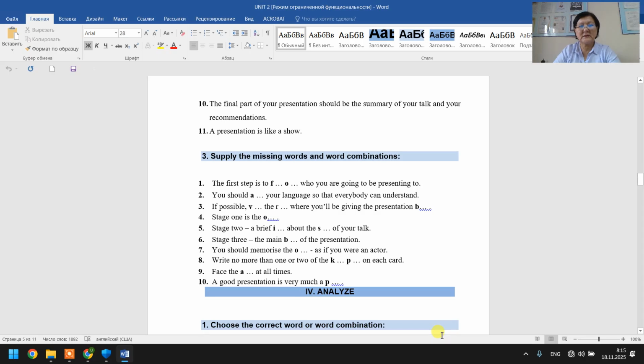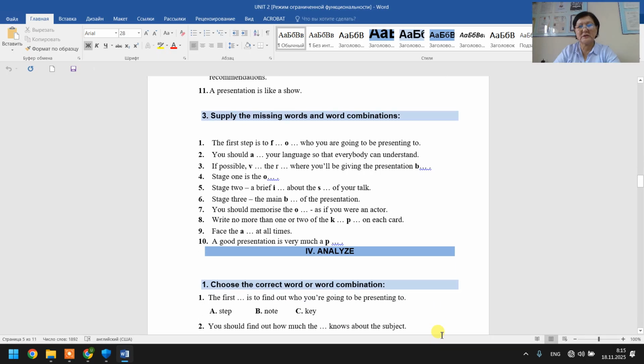In the next exercise, supply the missing words and word combinations. As I have mentioned before, the words and the text were given to you to do at home, and in the first statement which we are going to do here, we have to put missing words and word combinations into the gaps.